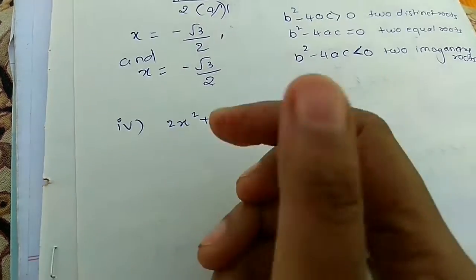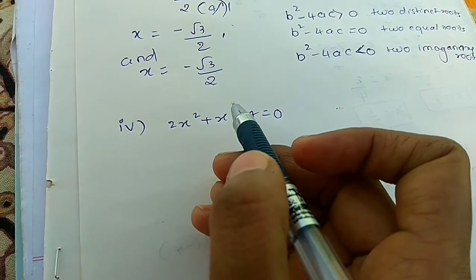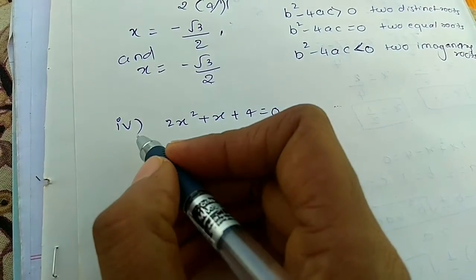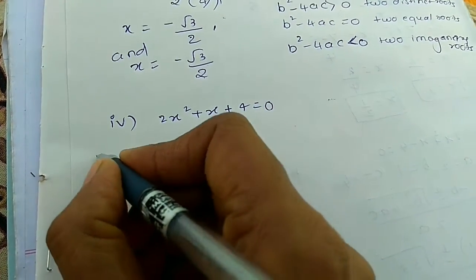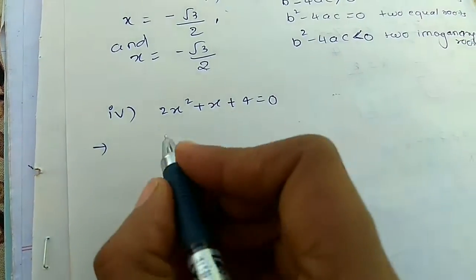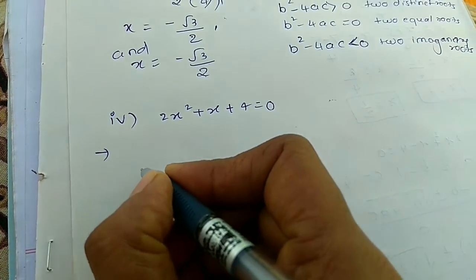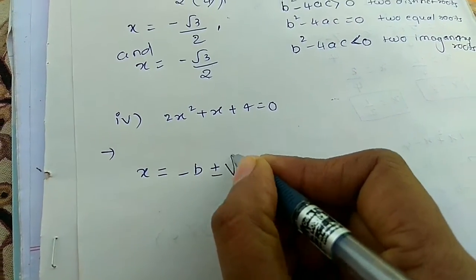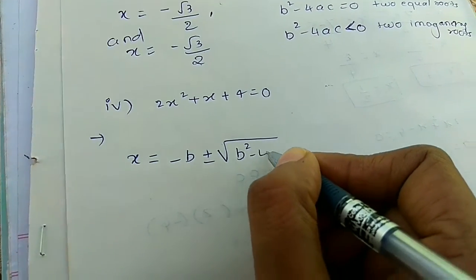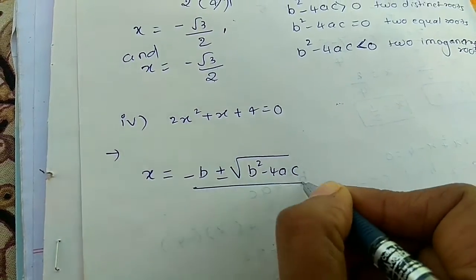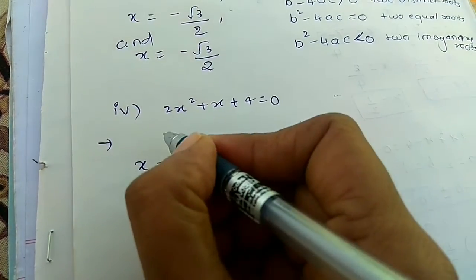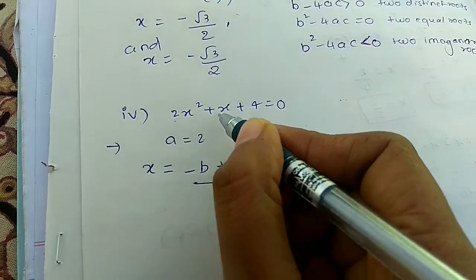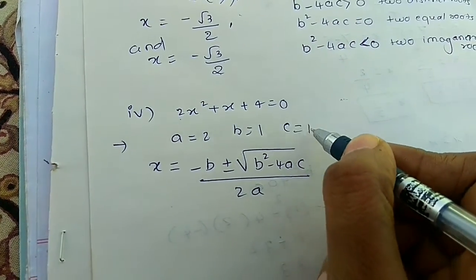Now we'll see the fourth example from exercise 4.3, second question. We have to find the roots by the quadratic formula. The quadratic formula is x equals minus b plus or minus root b square minus 4ac, whole divided by 2a. First of all you have to write a, that is 2, b is 1, the coefficient of x, and c is 4.